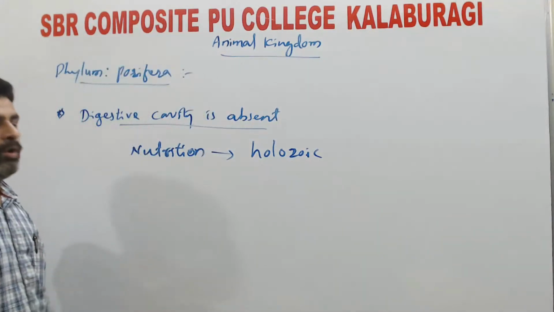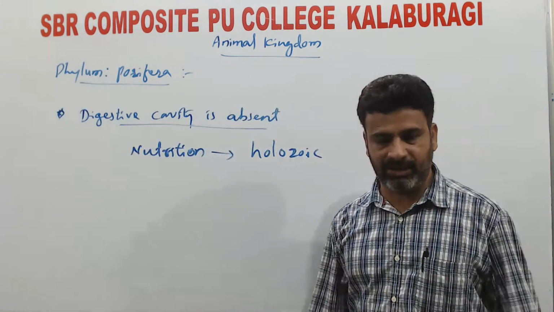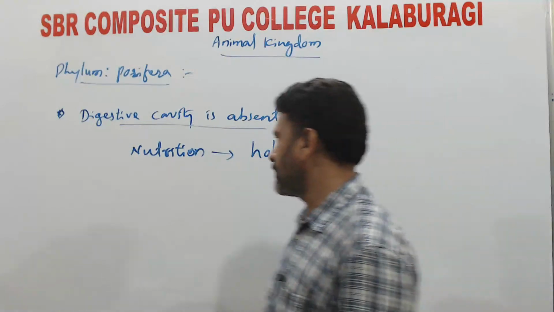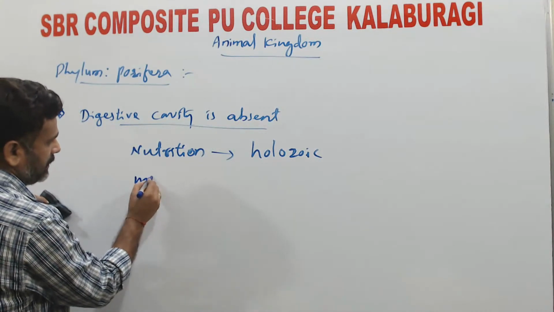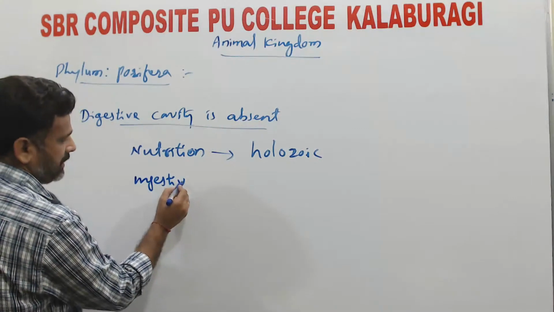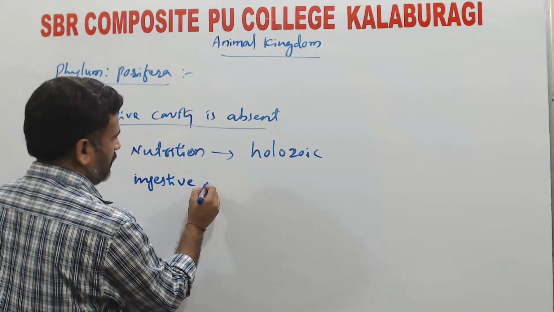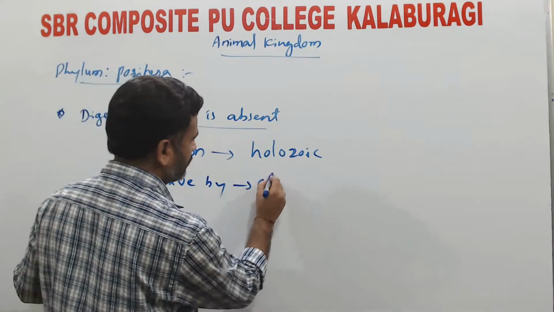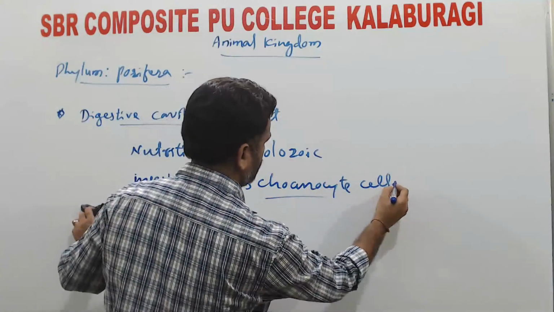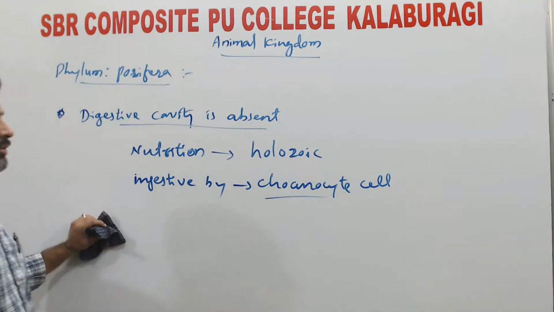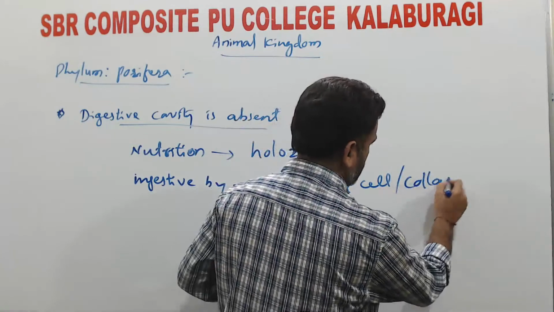The mode of nutrition is holozoic, which mainly feeds upon various substances. Ingestion occurs by the choanocyte cells, or collar cells.